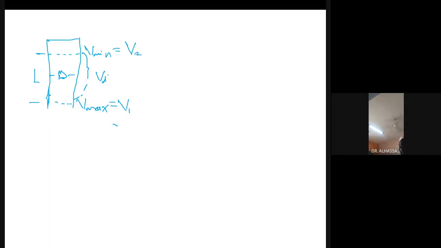Sometimes it is called the swept volume, VS, where VS is the swept volume.